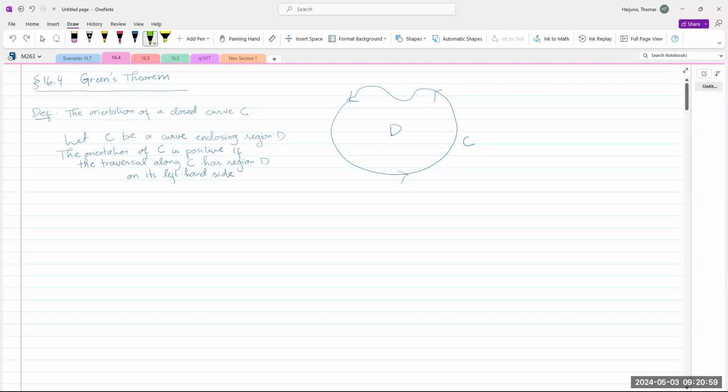Then maybe I write it down here. Consequently, as many textbooks describe, C traverses counterclockwise.